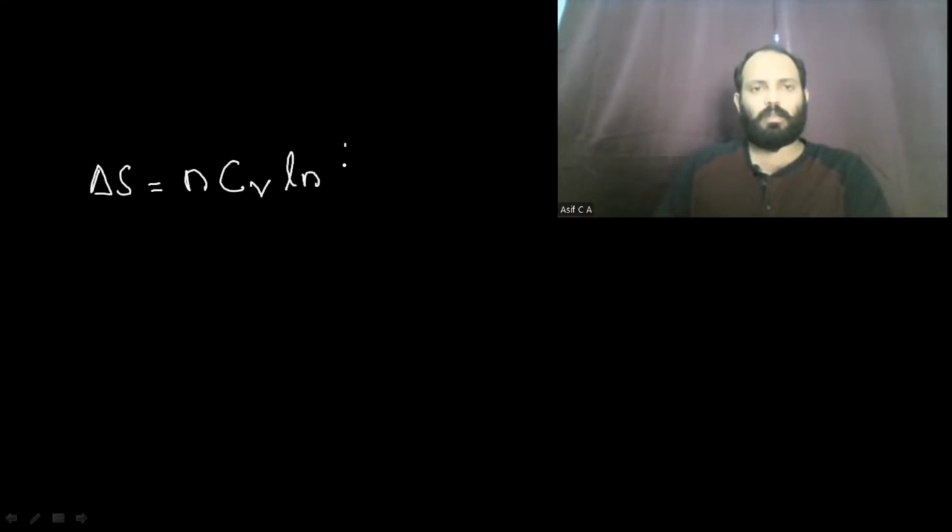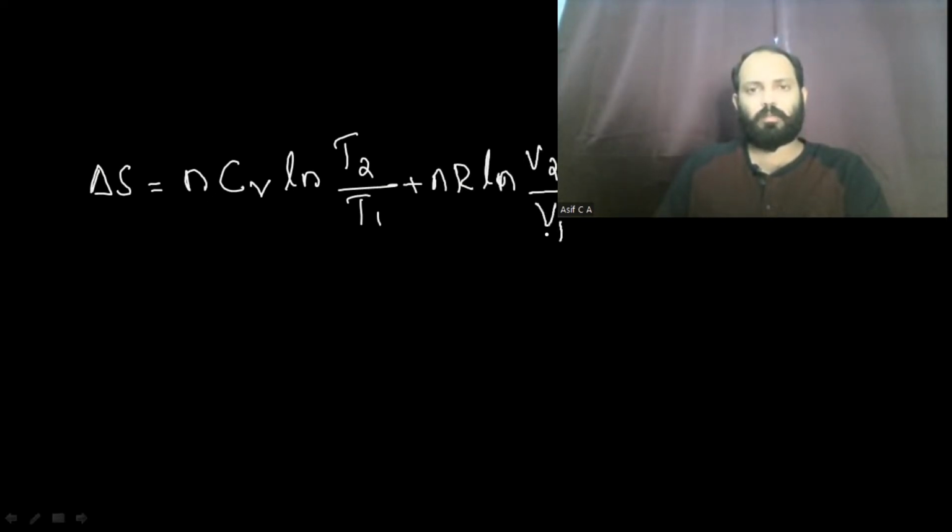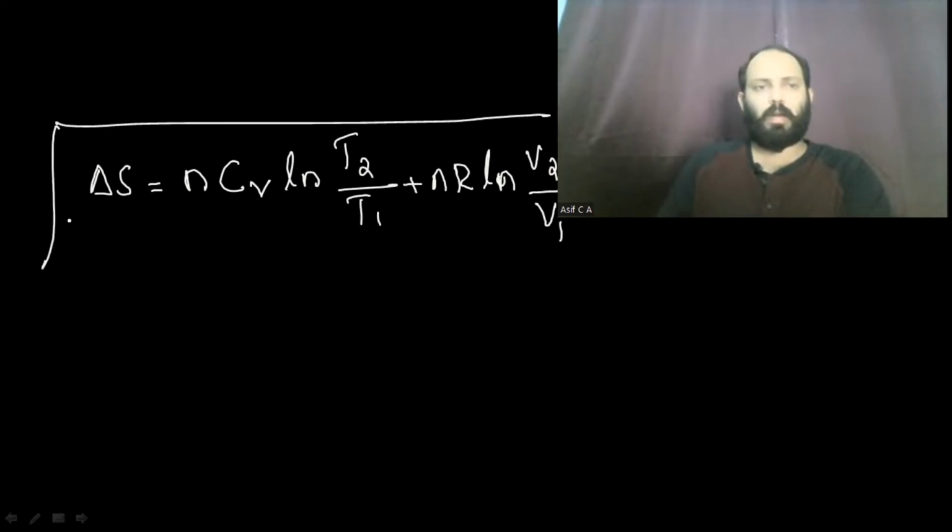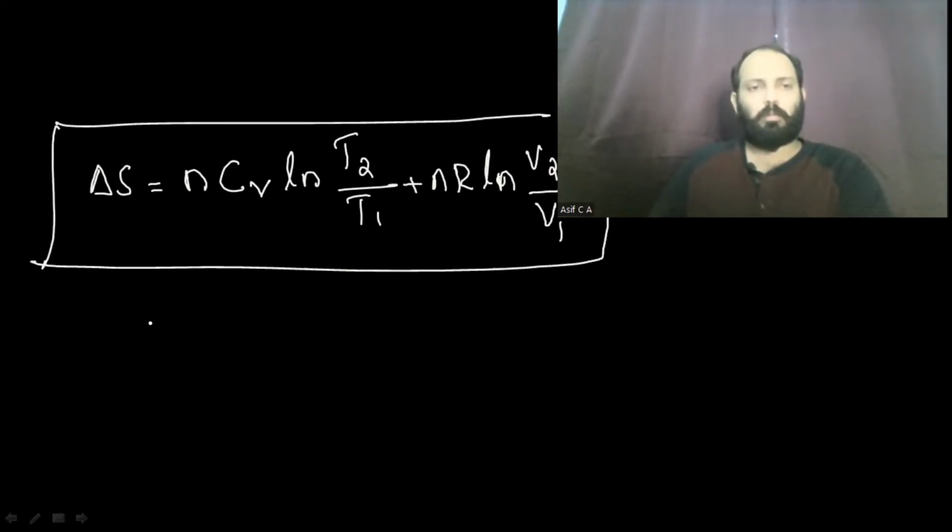Then delta S க்கான ஒரு equation நீங்க ஞாபகம் வச்சிருக்க வேண்டியது delta S is equal to nCv ln T2 by T1 plus nR ln V2 by V1. This can be applied to all process. எப்படின்னா for example isothermal processல delta S கண்டுபிடிக்க சொல்லியிருக்காங்க.